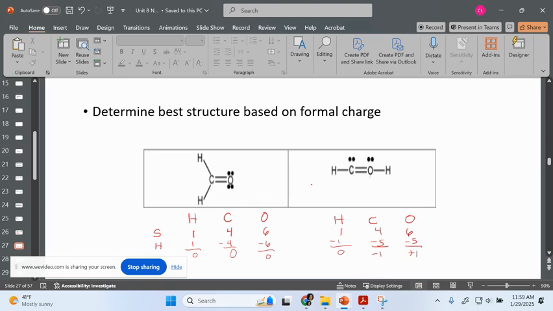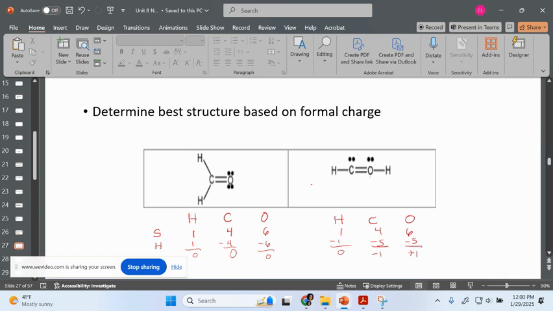All right, were you able to figure out which one's best? First one or second one? First one. There's 0 formal charge on any of this. This one we have formal charges, and there's another problem with this. What's the other problem? The oxygen has the positive formal charge and the carbon has the negative.